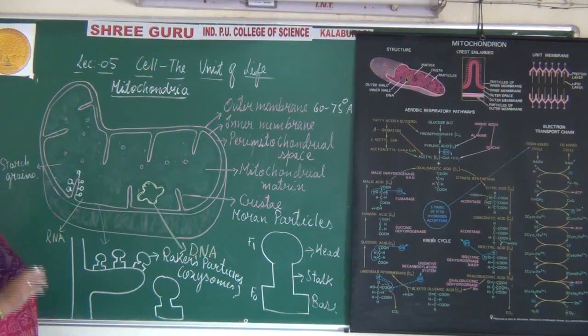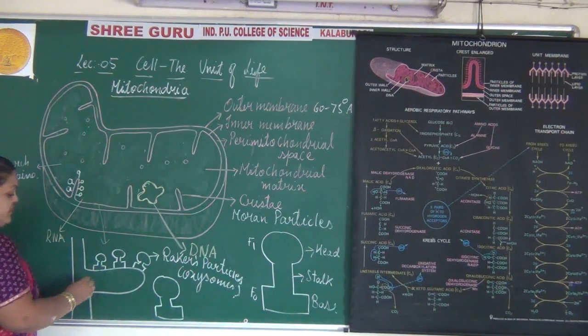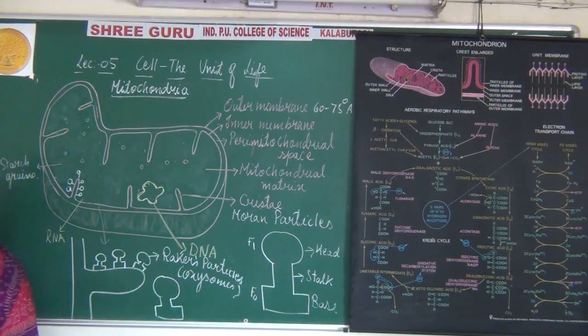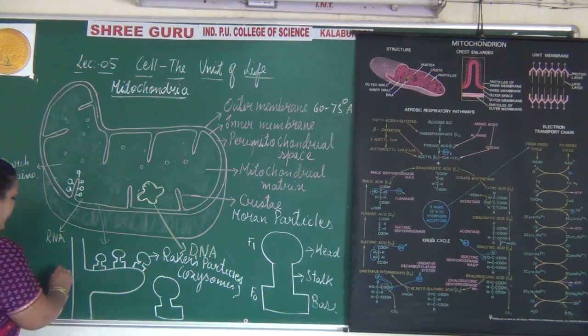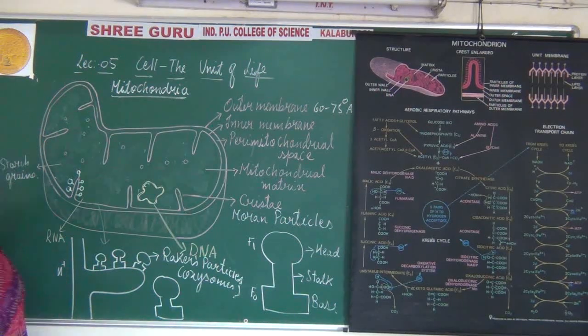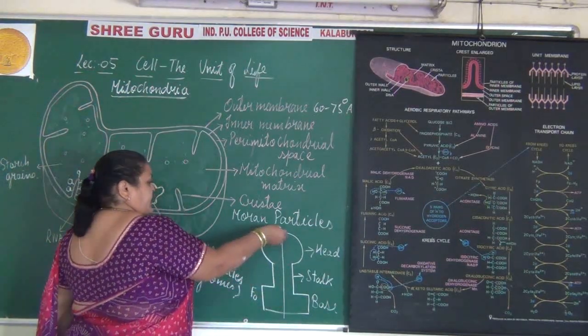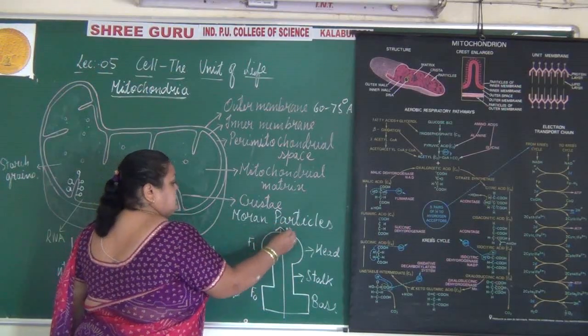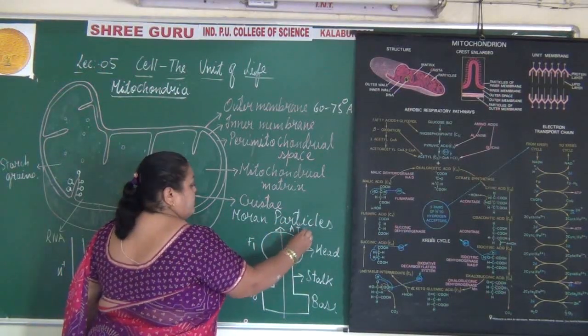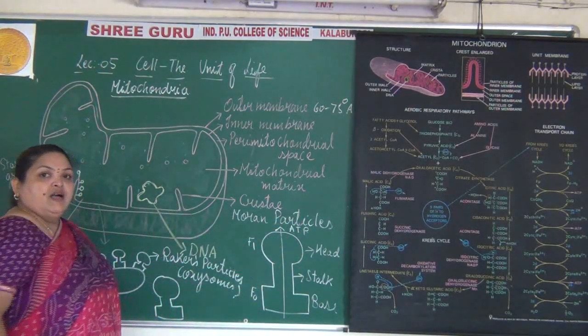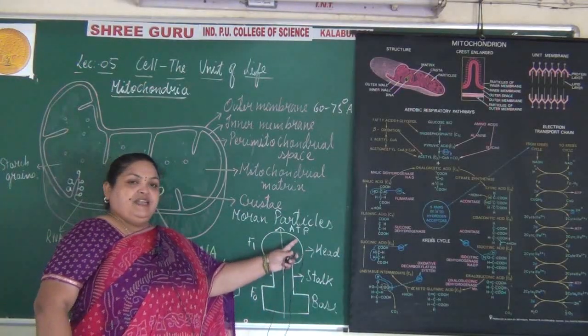During respiration, with the help of enzymes, hydrogen ions are produced on the outer surface. When they pass through the base and the head, it helps in the synthesis of the energy component, ATP.